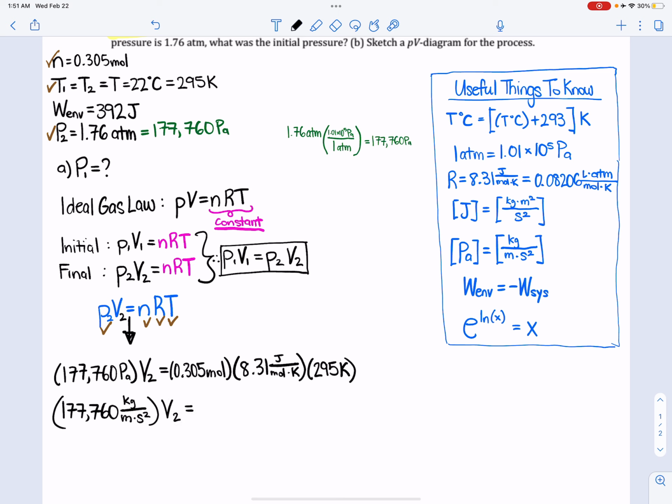V2 is equal to 0.305 moles times 8.31, and instead of joules, I will convert to kilogram times meter squared over second squared. And I'm not going to forget my mole times Kelvin on the denominator, and times 295 Kelvin, okay?